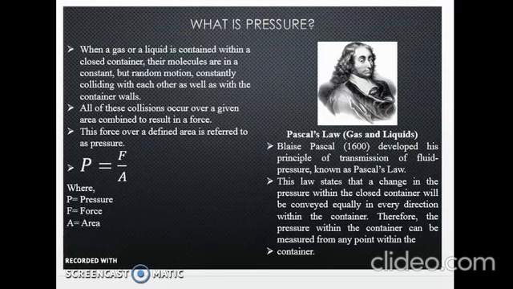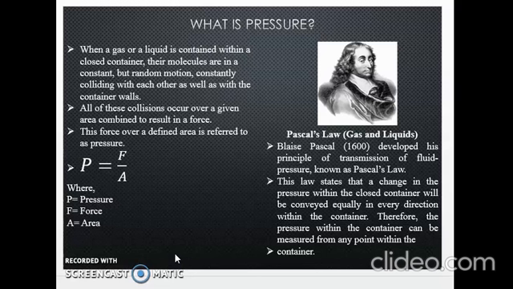Let us now discuss what we mean by pressure. When a gas or a liquid is contained within a closed container, their molecules are in constant but random motion. They are constantly colliding with each other as well as with the walls of the container. All of these collisions occur over a given area, combining to result in a force.